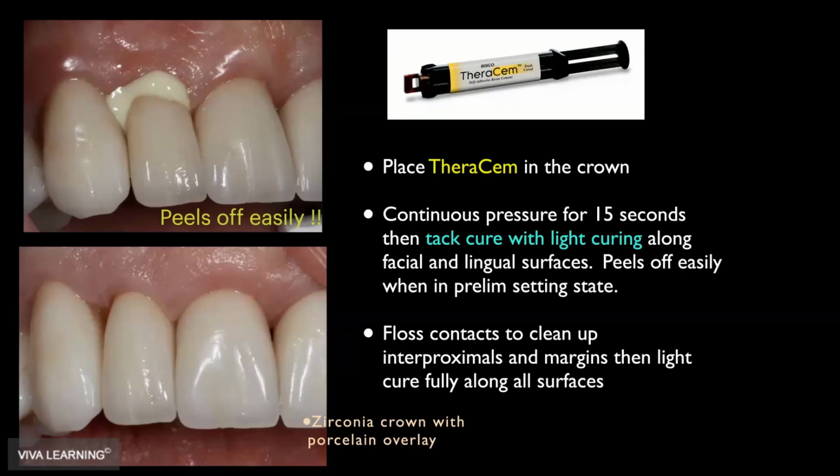Empress is the original material of Emax, but this was in the mid 90s. That's why this patient came to see me after the tooth broke off, and I had to try to match it. My ceramist was awesome. They were able to match this zirconia with the overlay to this actual Empress, which is like a precursor of the Emax. Great job from my ceramist.